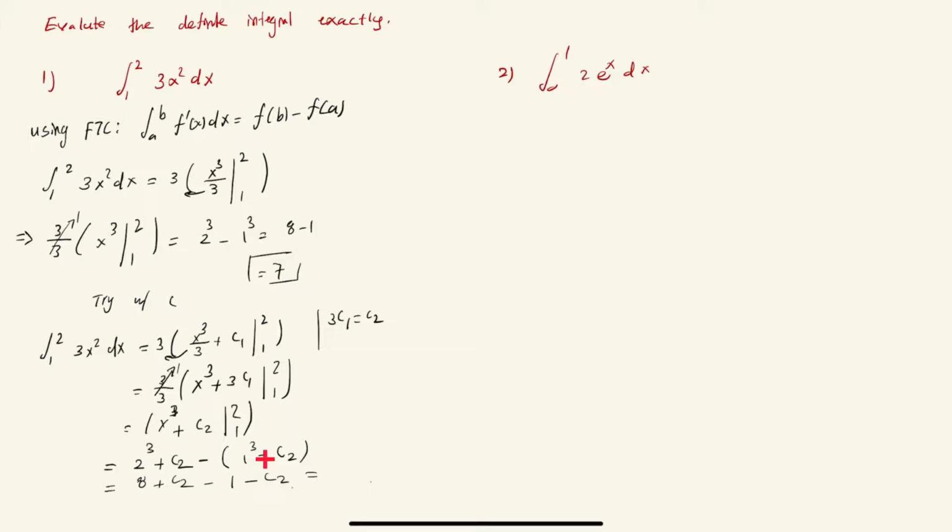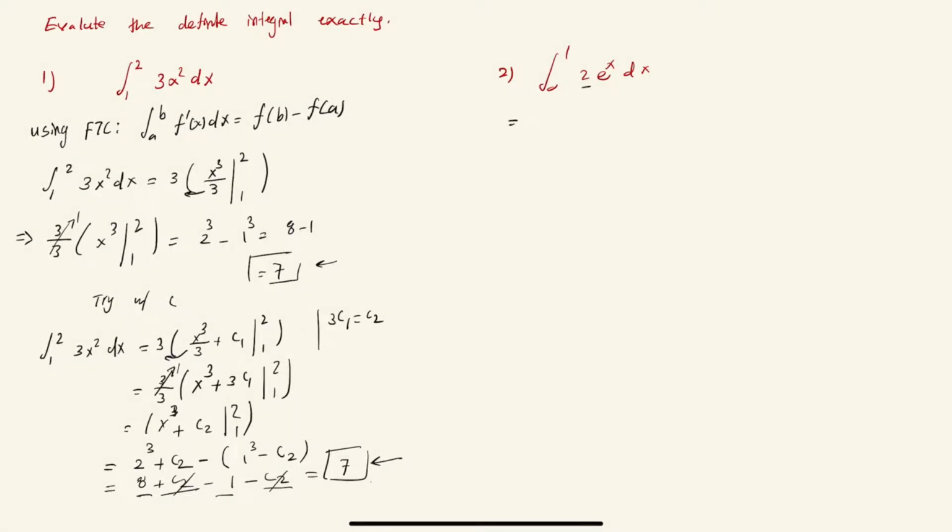Notice that we have positive c2 and minus c2, which result in 0 for the c's, and we end up with 7, which matches the result above. So that's why we ignore the constant c when we use the Fundamental Theorem of Calculus, since the constants cancel each other. Now for part 2, we have the definite integral from 0 to 1 of e to the x dx.